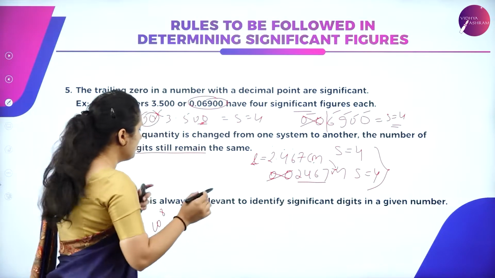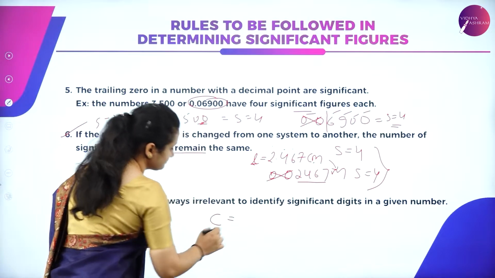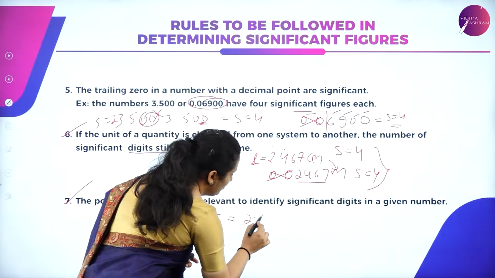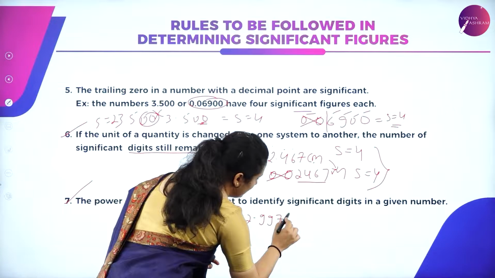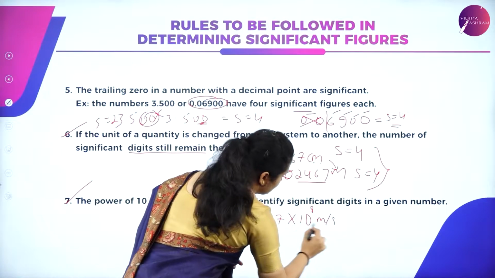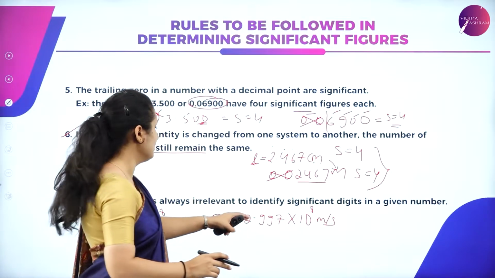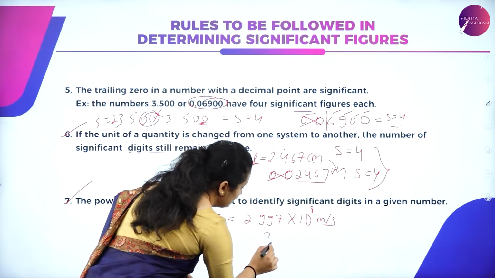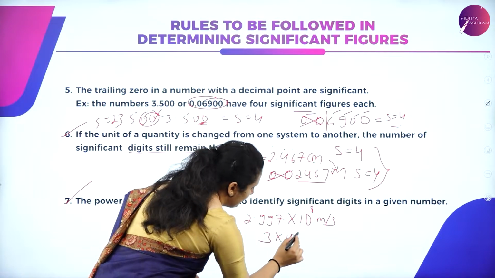For example, see here, the velocity of light is given as 2.997 into 10 to the power 8 meter per second. In vacuum, the velocity of light is 2.997, which is written as 3 into 10 to the power 8.